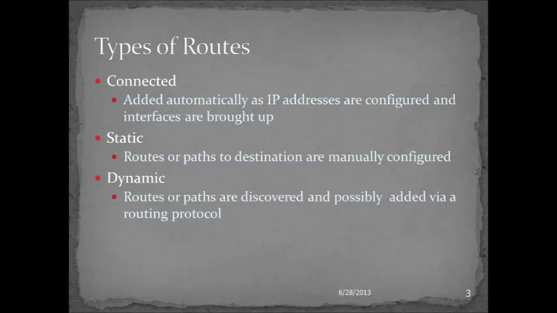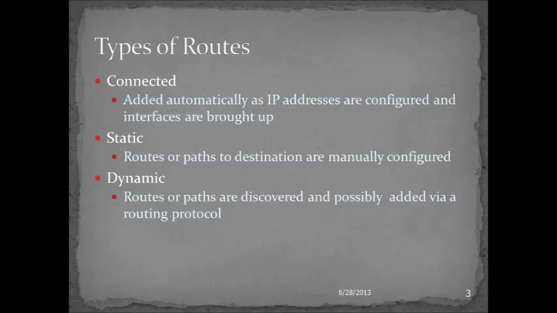Just as a little bit of review, on a router we've got 3 basic kinds of routes. We have directly connected routes, and what that means is the minute you give a router an IP address, or if it's got several interfaces, lots of IP addresses, and you bring those interfaces up, the routing table begins to be populated with what are called connected or directly connected routes.